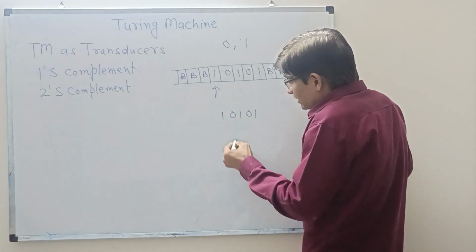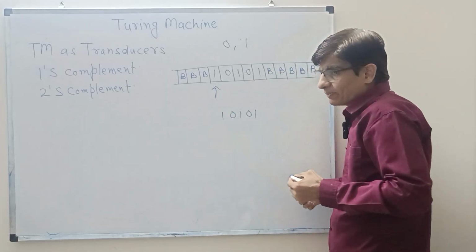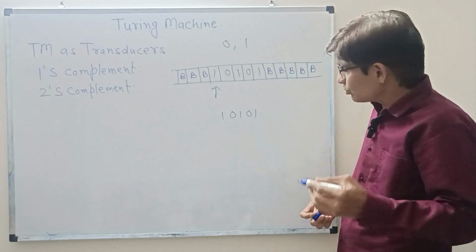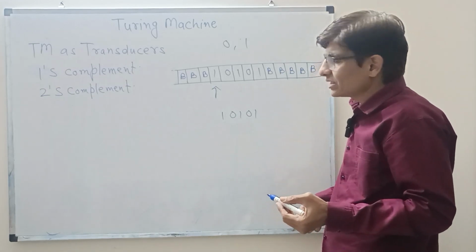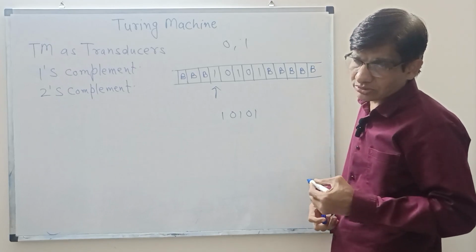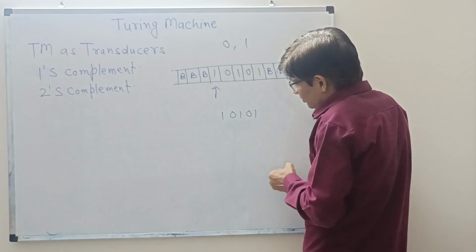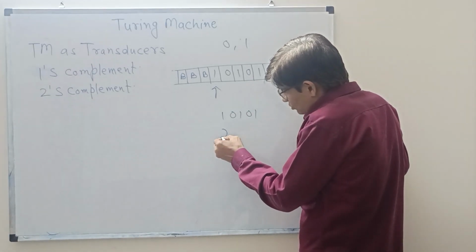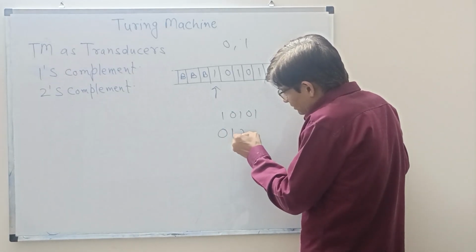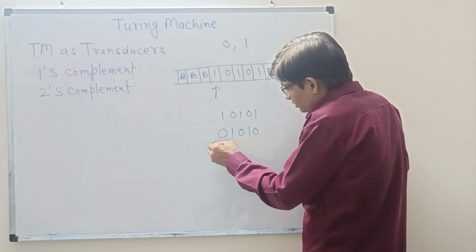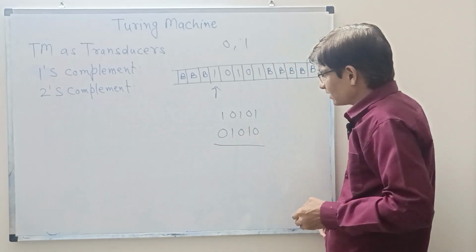As you know, friends, for one's complement of any binary number, you have to convert all zeros into ones and all ones into zeros. That means you have to invert all the bits. So for this particular number, the one's complement would be 01010. So this would be the one's complement of this binary number.